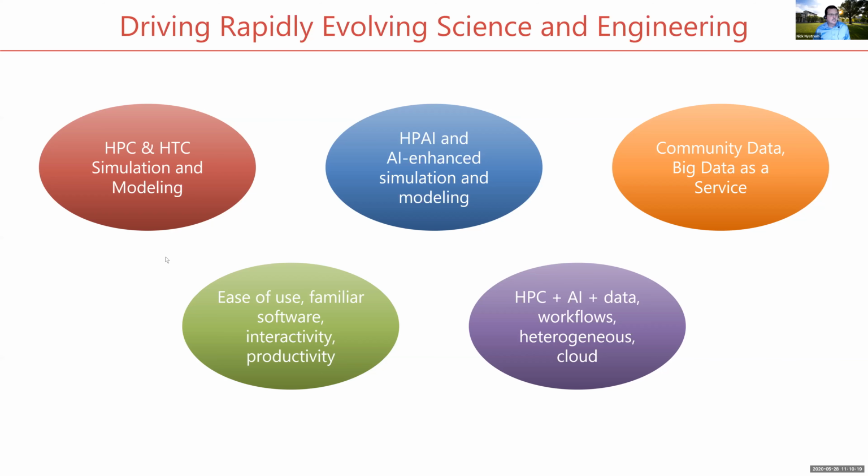First of all, absolutely, we are keeping high performance computing and high throughput computing for simulation and modeling. That continues to be essential. It also means, though, high performance artificial intelligence and AI-enhanced simulation and modeling.